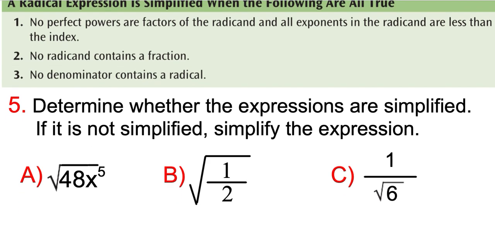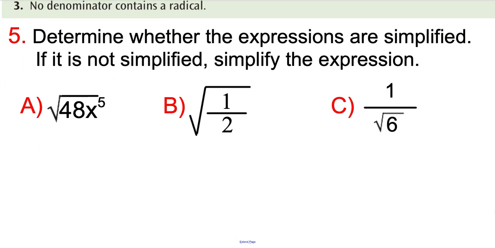So we've kind of covered all of these topics. I'm just going to remind you one more time of how to determine if things are simplified or not, and then we will be done. Okay, so looking at this one, 48, there are some perfect squares in there. So what you do is you factor tree it, right? We've done this already.